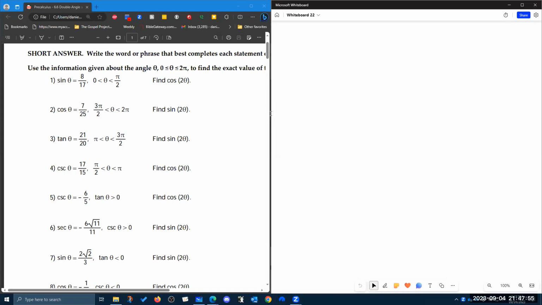Right now we have a theta that is in quadrant 1 and has a sine value of 8/17, which makes that side 15. We want to find cosine of 2 theta. So cosine of 2 theta is equal to cosine squared minus sine squared.